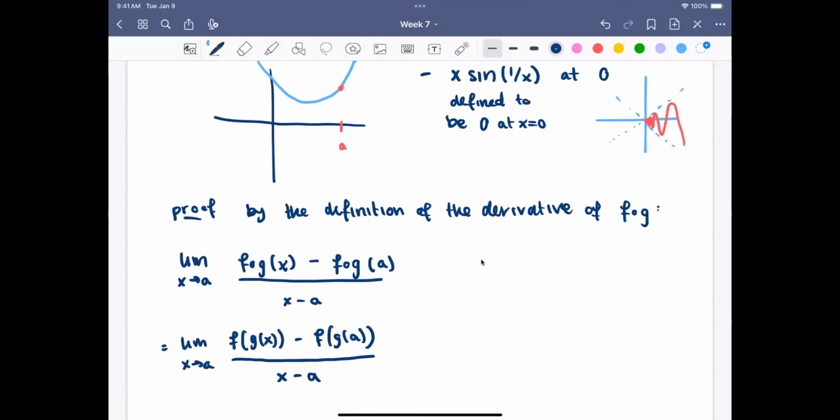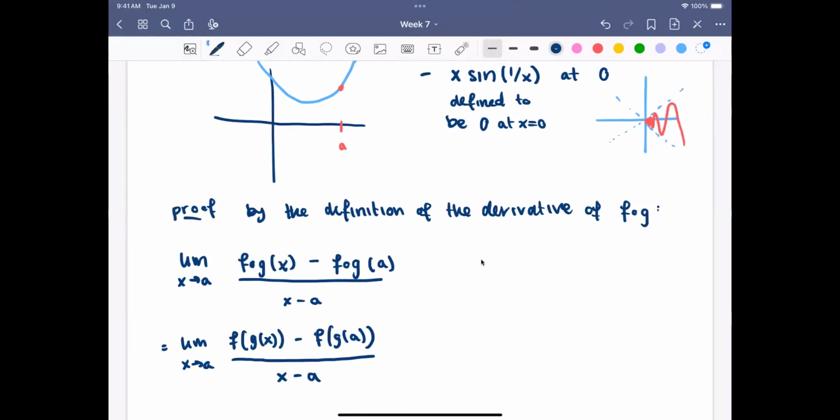Okay, so the goal, of course, is to prove the chain rule. Somewhere it would be nice if in this expression I could see the definition of the derivative of g, right? Because in the end, we're hoping that this is something like the derivative of f at g times the derivative of g. So I'm going to try and massage this expression so that it starts to look like that.